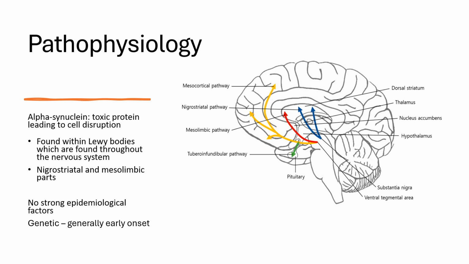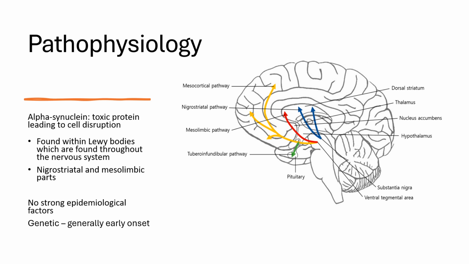Therefore, we label these conditions as alpha synucleinopathies. The alpha synuclein forms Lewy bodies that are found throughout the nervous system and primarily accumulate in the dopaminergic pathways in the brain, the nigrostriatal and mesolimbic parts, which you can see here in the diagram I've highlighted.